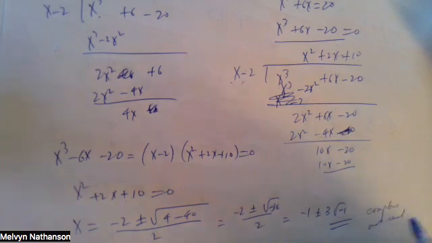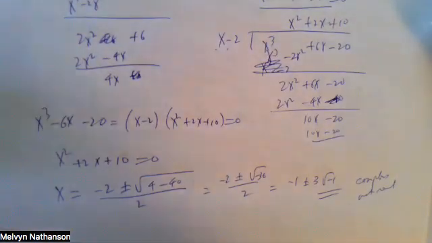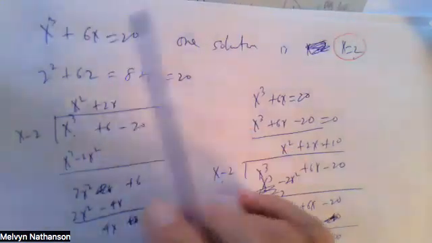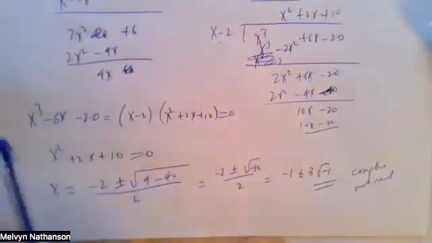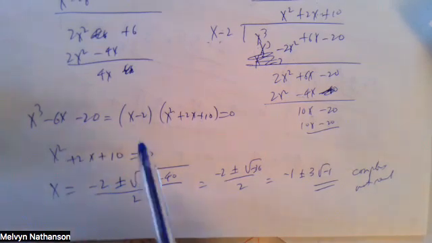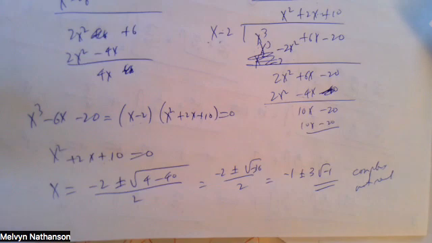It's not real. So this kind of, again, algebra tells us that for our cubic, x cubed plus 6x equal 20, which is the same as x cubed plus 6x minus 20 equals 0, there's one real root, x equal 2, and the other two are complex numbers.